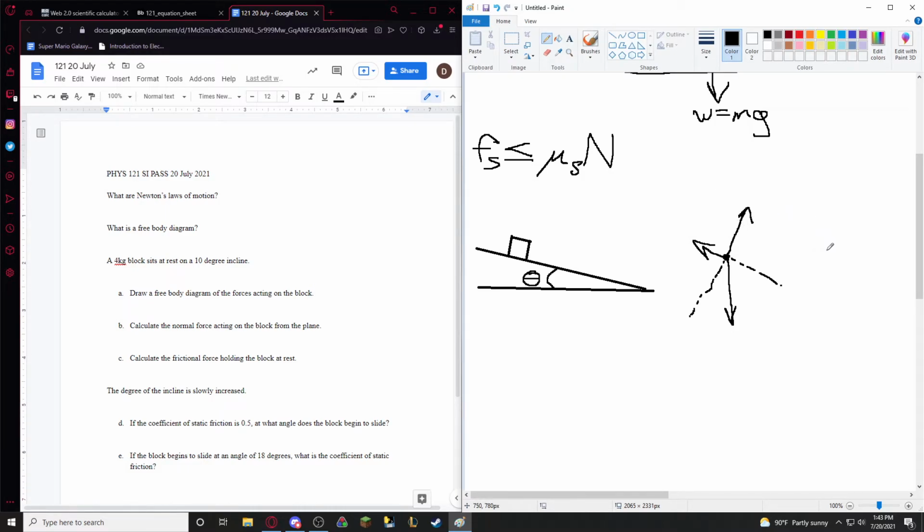I was breaking the normal force into x and y components. Oh, okay. So we have our x and y here. I'm breaking the normal force into components. So continue.